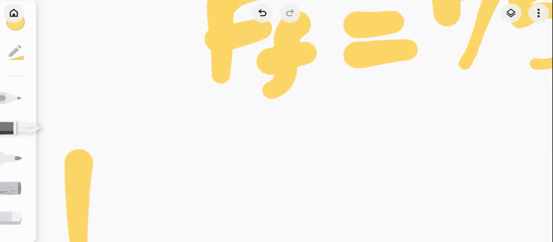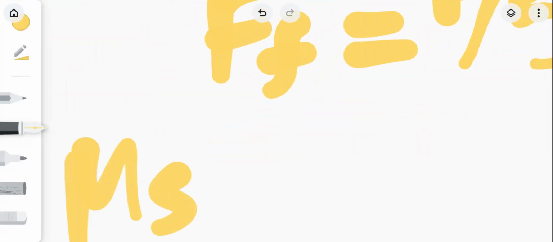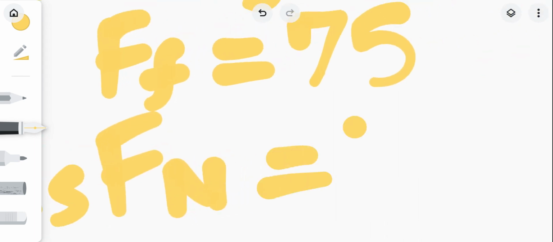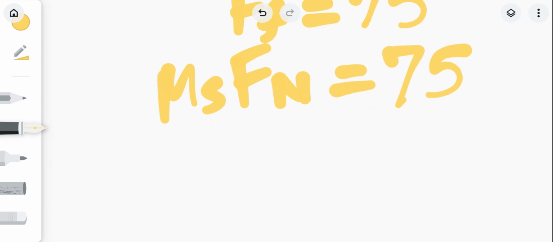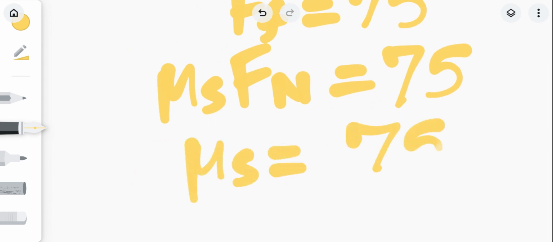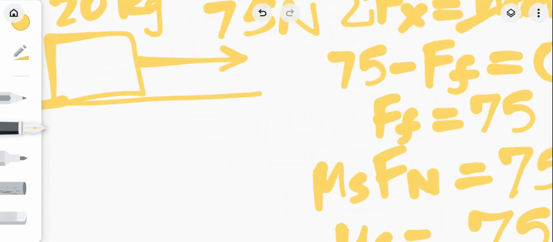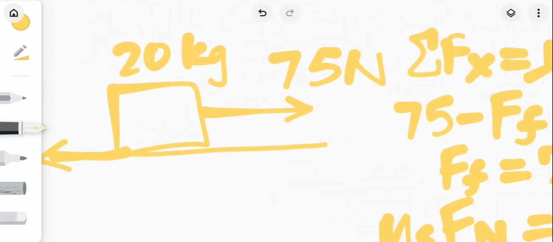We know that friction is equal to the coefficient of static friction times our normal force. We also know what our normal force is. Our normal force is the same in this case as our weight.